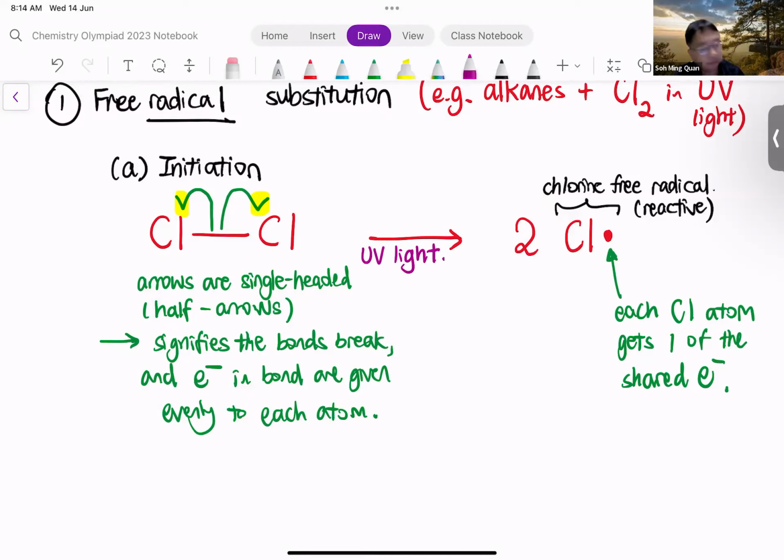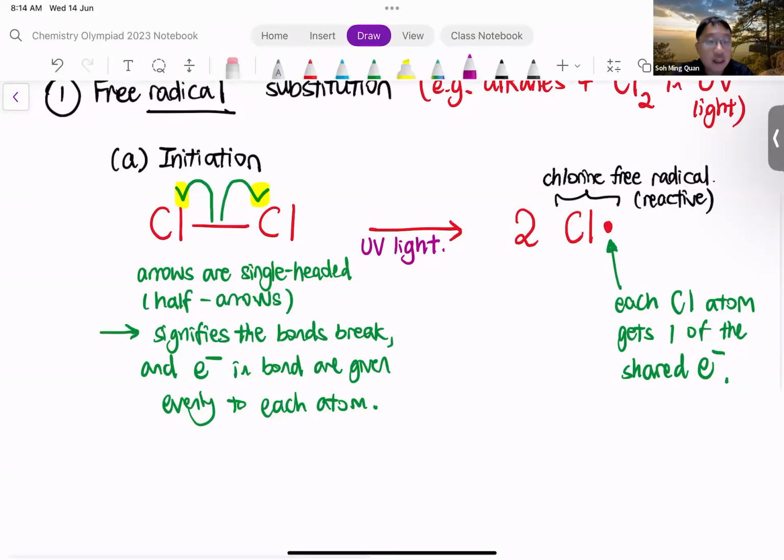Okay. Now, this breaking is a single-headed half arrow. So the electrons are given evenly, and it forms a radical at the end. So you must link these things together. Whenever you see half arrows, you know the electrons in the covalent bond have been given equally back to each atom in the bond.